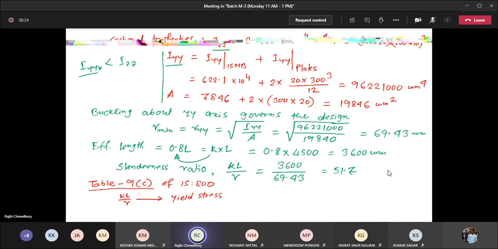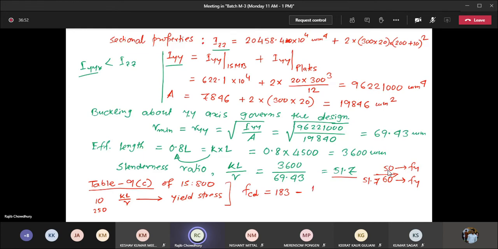As per the code, for 250, for 183 it is coming. 183 belongs to the design strength for KL/R ratio 50, minus, I am doing a linear interpolation, 1.7 divided by 10, from 50 to 60, then 183 minus the value at 60 KL/R ratio, your design strength becomes 168.